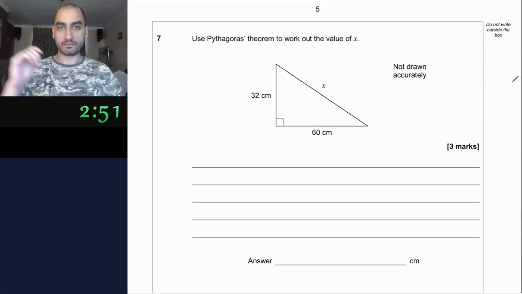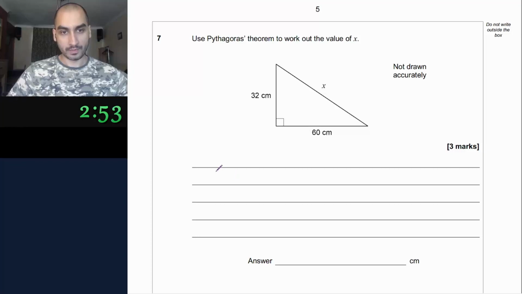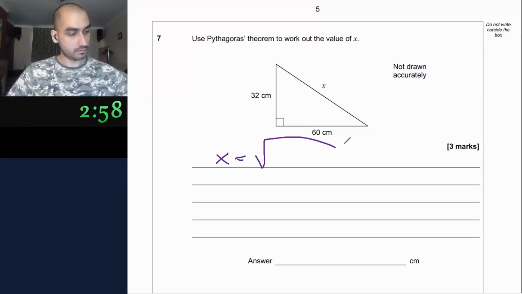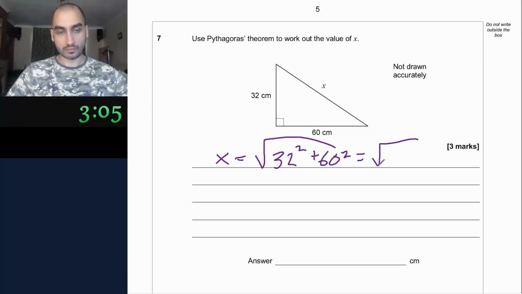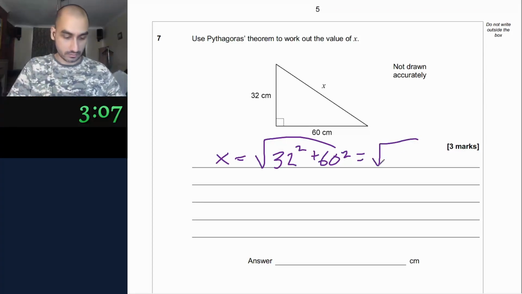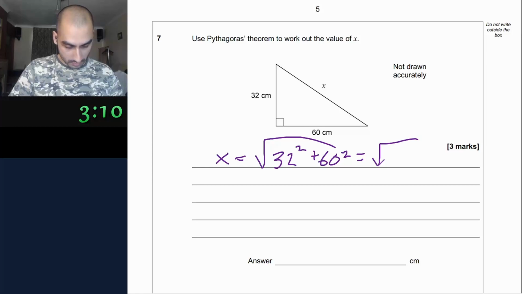Use Pythagoras' theorem to work out the value of x. So x equals the square root of 32 squared plus 60 squared. Get my mini calculator out. It doesn't have a squared, it has a square root, but not squared. Okay, times 32 plus... Hang on.